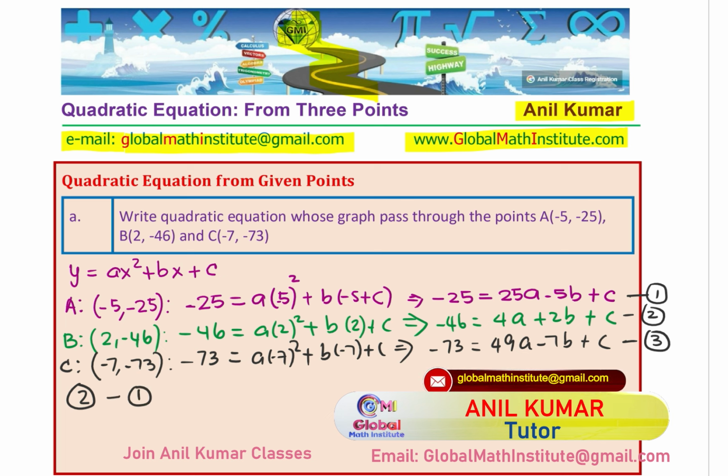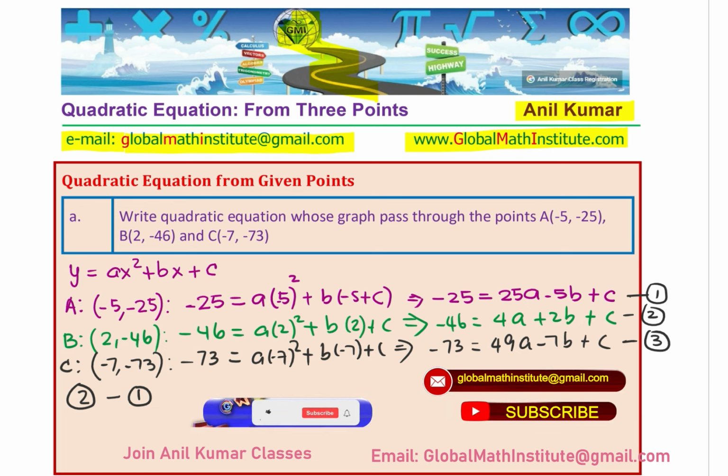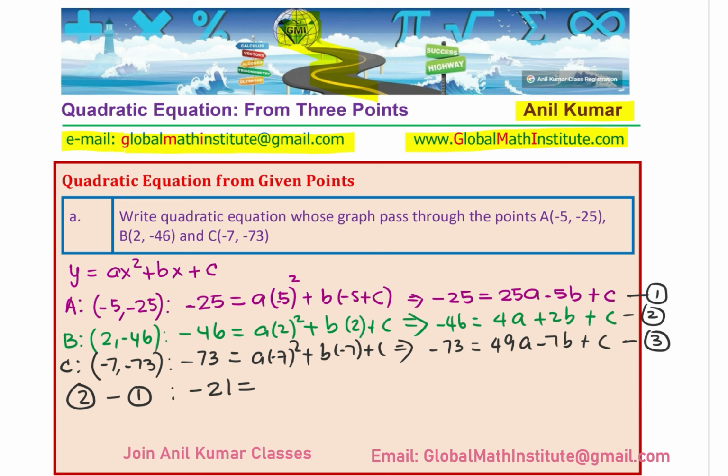We get -46 minus (-25), that means -21, so -21 equals 4 minus 25, which is -21a, and for b, 2 minus (-5) means 7b, and c cancels, correct?